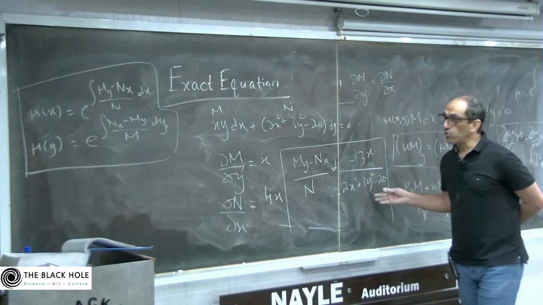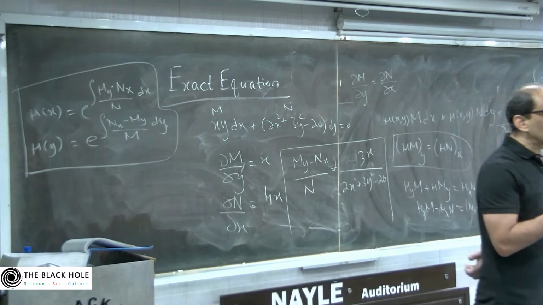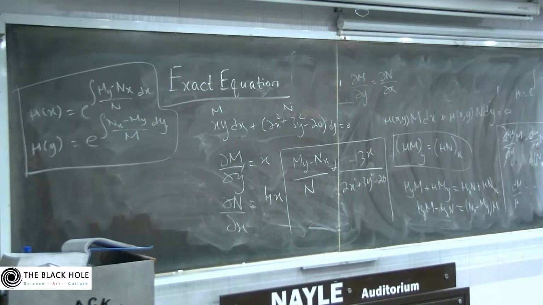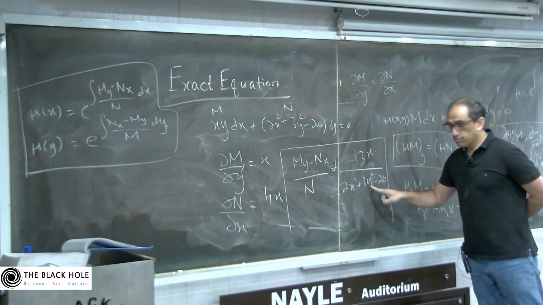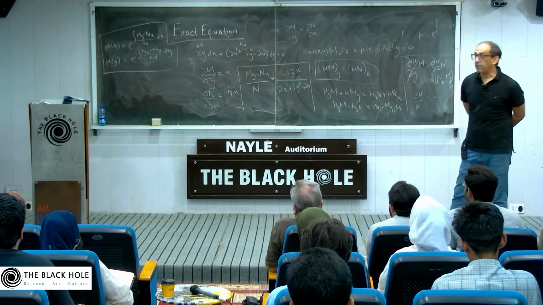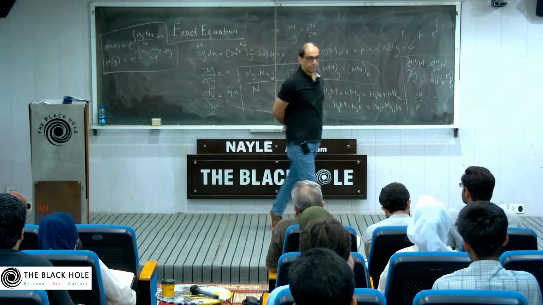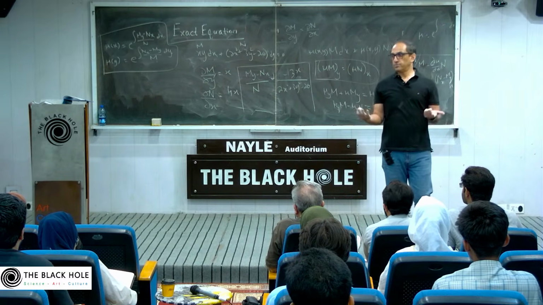Because x and y's are not required. I need to have something which can be differentiated over x or y alone. I can't have a function which is dependent upon x and y. So now try the other way around. Go ahead. Try nx minus my over m. Right?